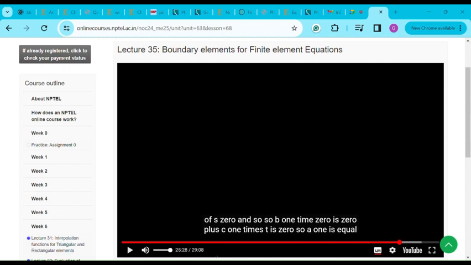At this point psi 3 is 1, it is 0 over this, and it is 0.5 at the midpoint.